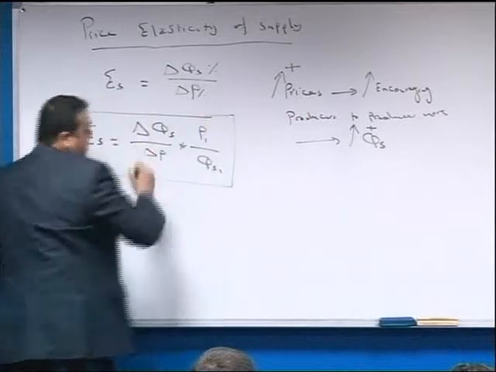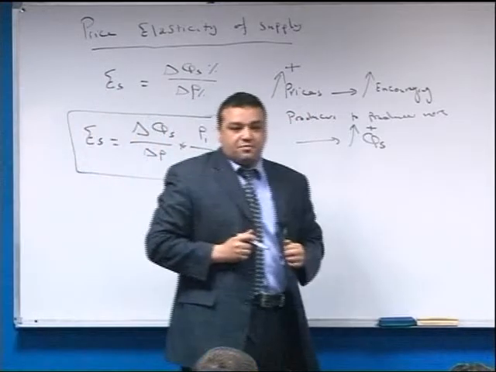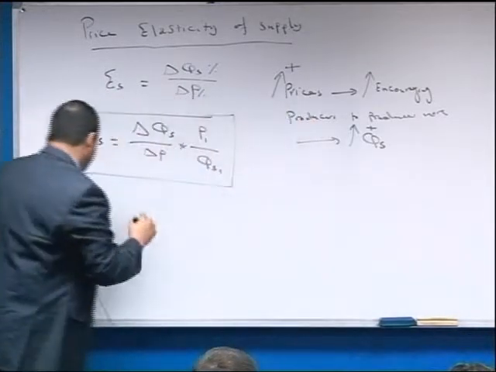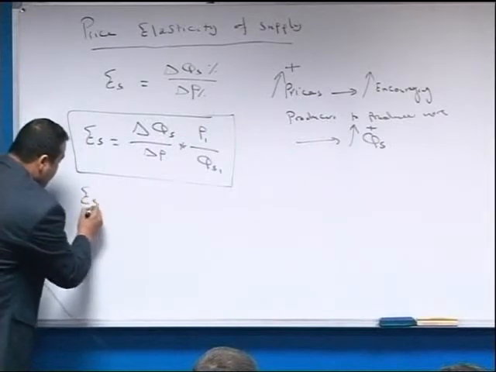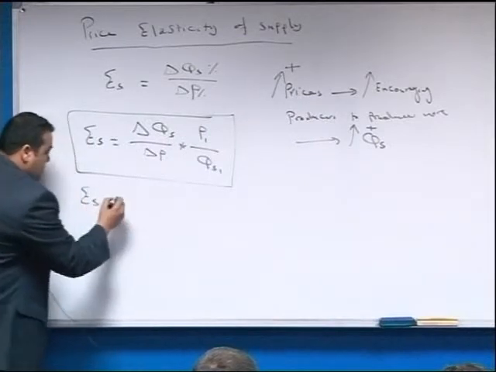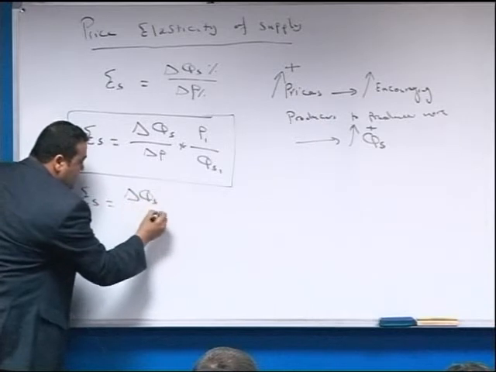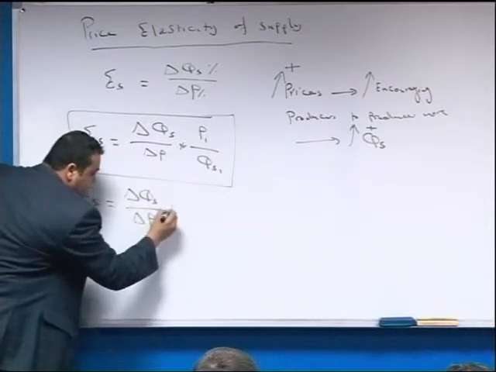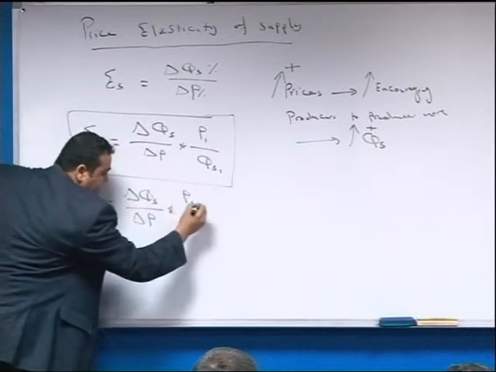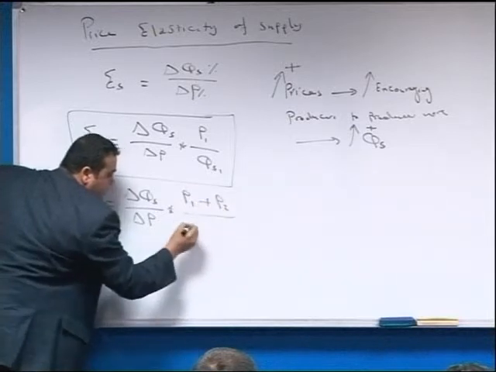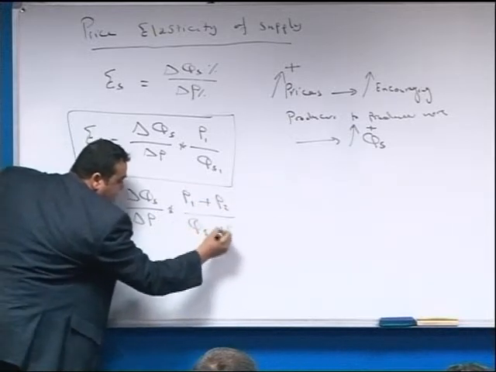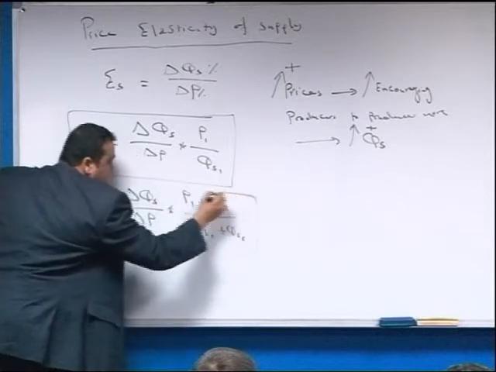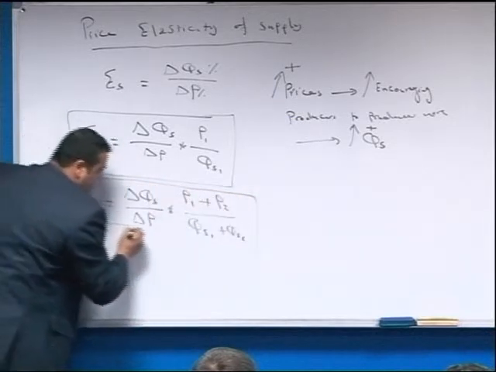And the last one is the midpoint formula. ES equals delta QS over delta P times P1 plus P2 over QS1 plus QS2. This is the midpoint formula.